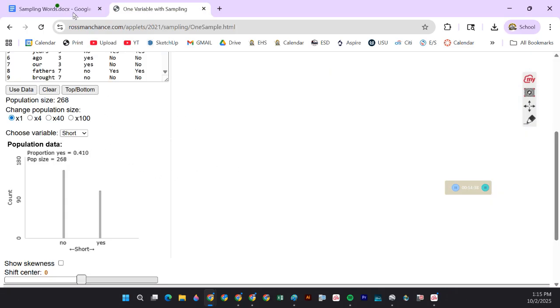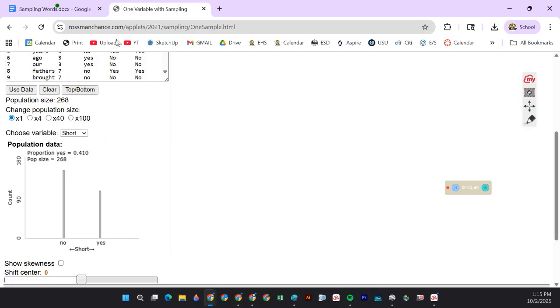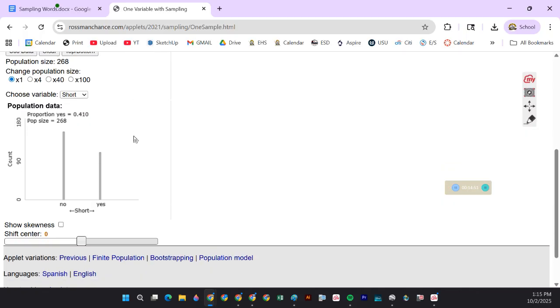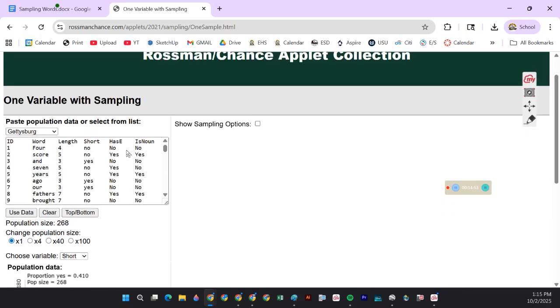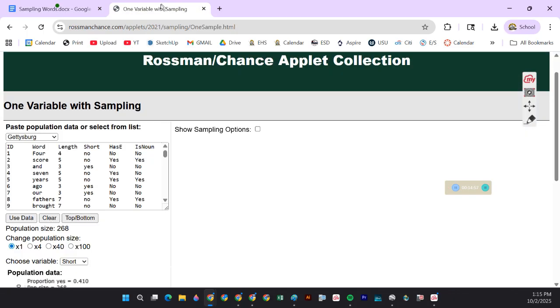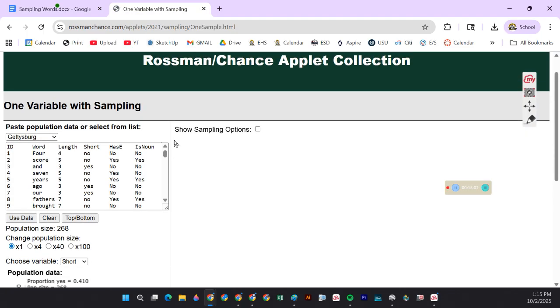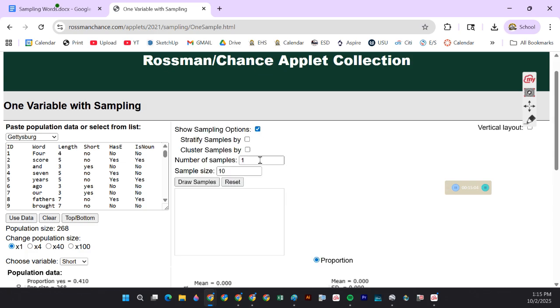So right there. Check show sampling options, specify 10 in the sample box, and then draw samples. Okay, so where did it say that was? Check the show sampling options box. It's at the top. Yeah, oh, right there. Okay. Make sure it says 10.